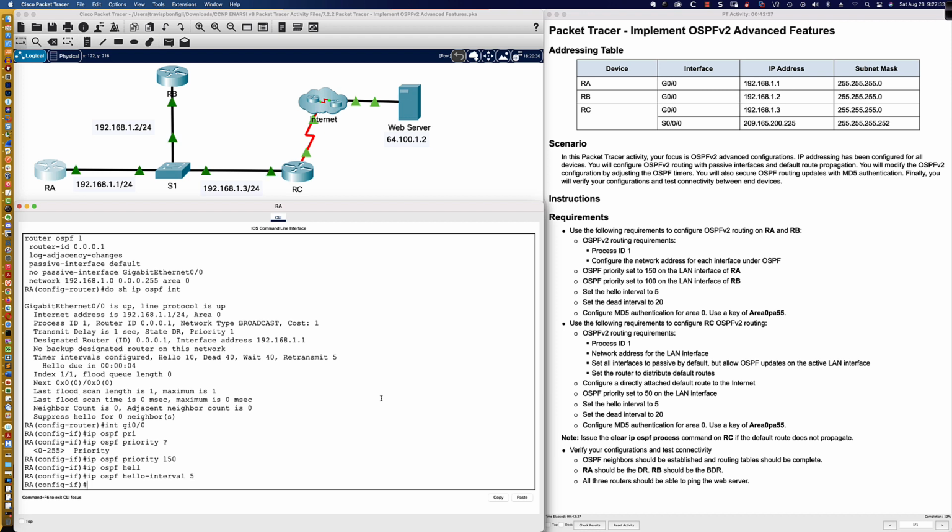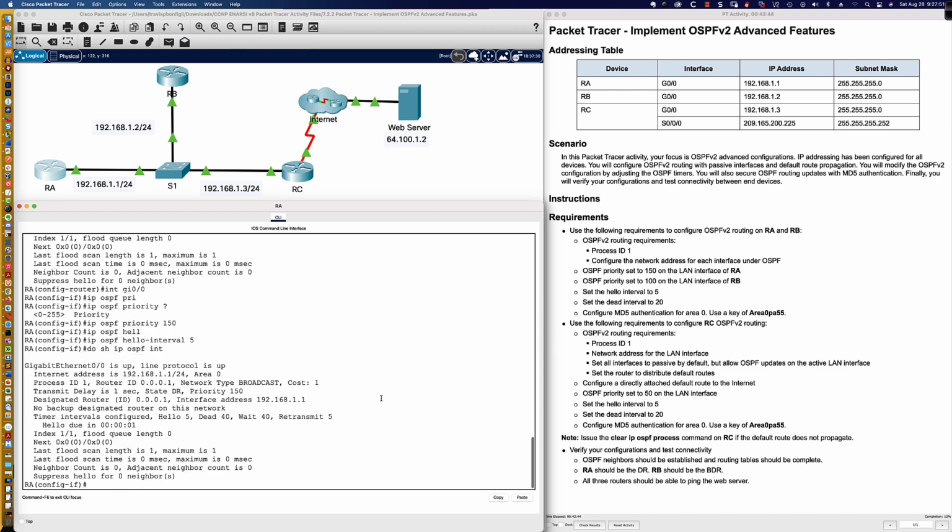Now, remember, on real Cisco routers, what's going to happen? It is automagically going to change the dead interval to be 4 times the hello interval. However, let's go ahead and do show IP OSPF interface. And you can see that Packet Tracer does not do that.